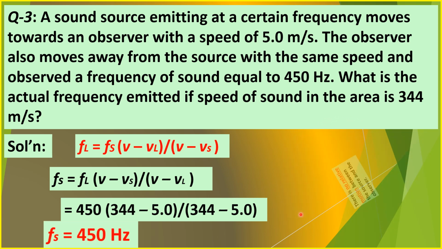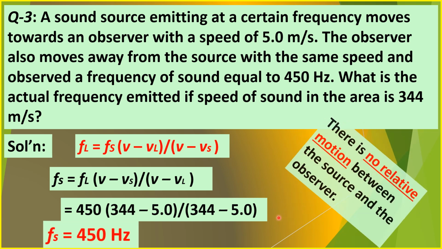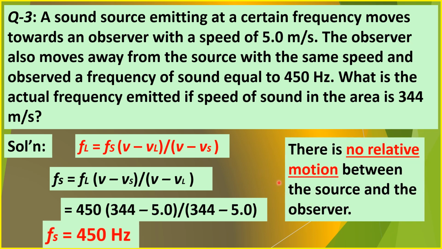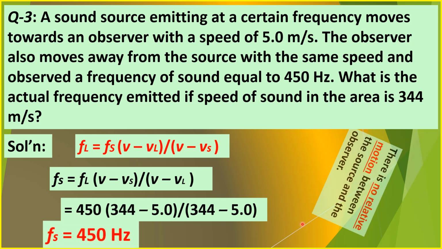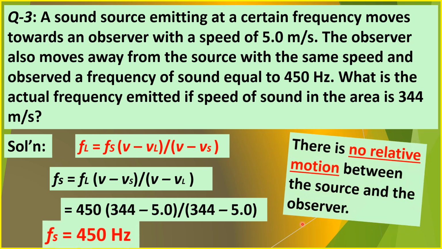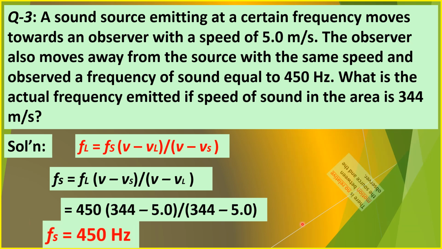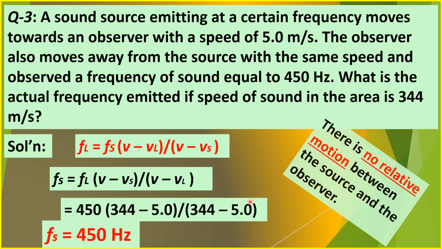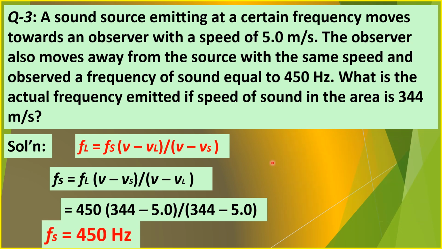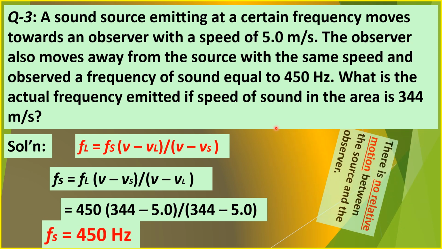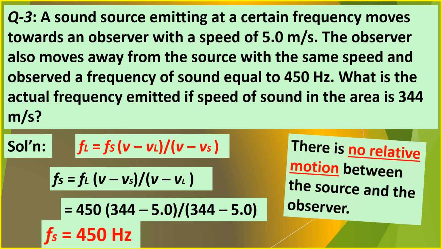They are moving with the same velocity. Because of that, there will be no shifting of frequency observed. Strictly speaking, we say there is no Doppler effect happening in this situation.